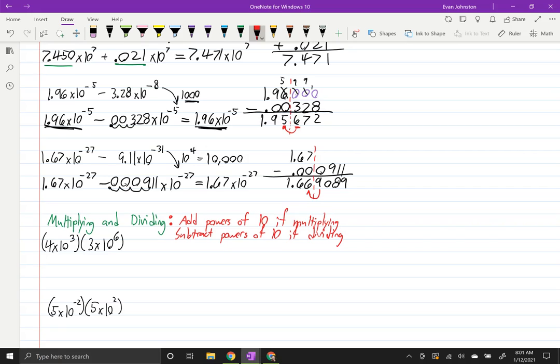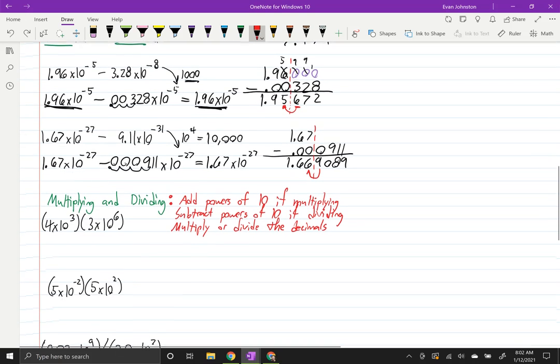And really, that's how we deal with the powers of 10. As far as the decimal itself, just multiply or divide the decimals. Now, when I say decimals, I mean whatever's in front of the power of 10. I know that there aren't actually decimals on the 4 and the 3 here, for instance. I just want to make that abundantly clear.